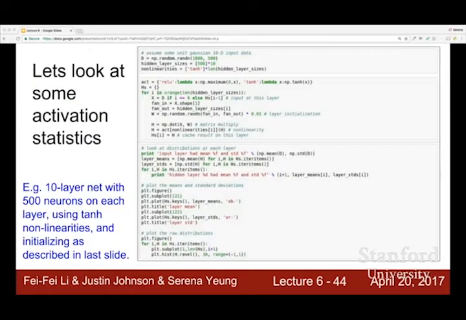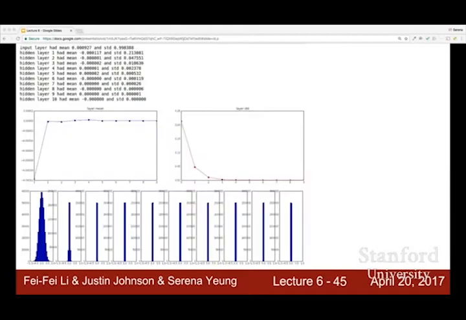If we look here, we looked at the dot product of x with w, and then we took the tanh nonlinearity, and then we stored these values. Because the tanh is centered around 0, this will make sense. And then the standard deviation, however, shrinks, and it quickly collapses to 0, right?